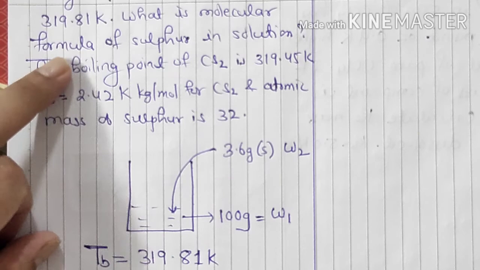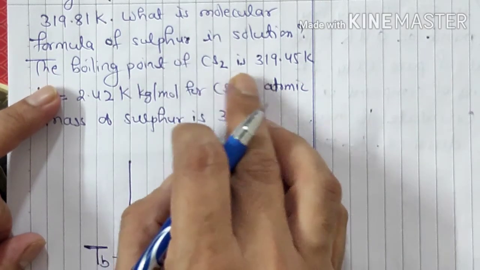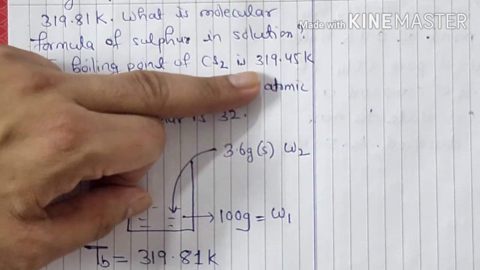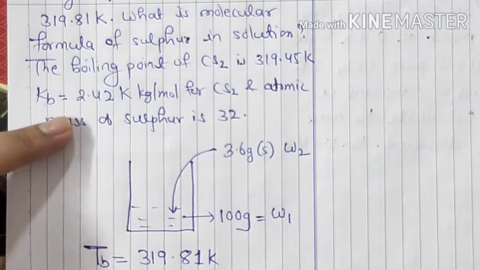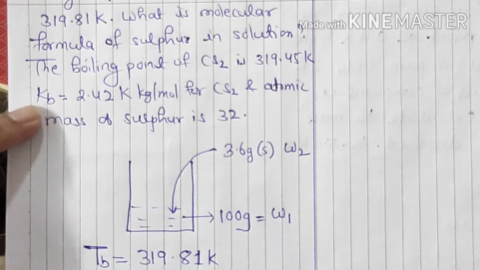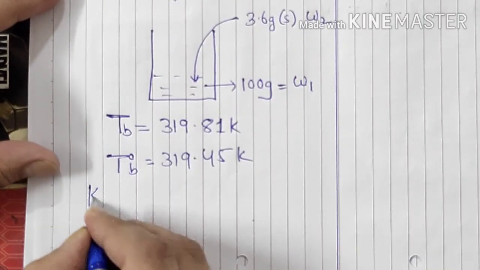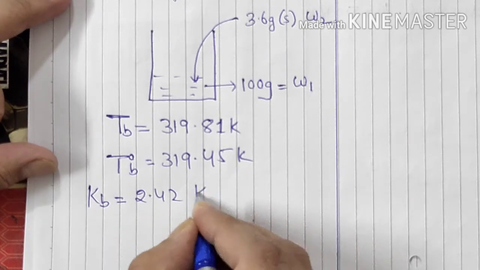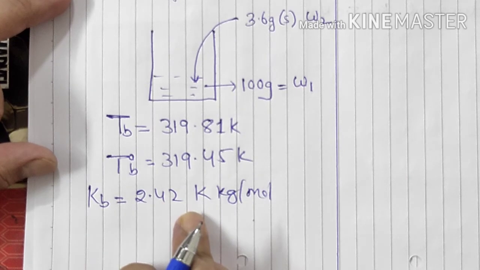The boiling point of CS2, this is the boiling point of pure solvent. So T naught B, what is this? 319.45 Kelvin. Right. Kb value is also given to us. Kb is how much? 2.42 Kelvin kg per mole. Kb is given, student.